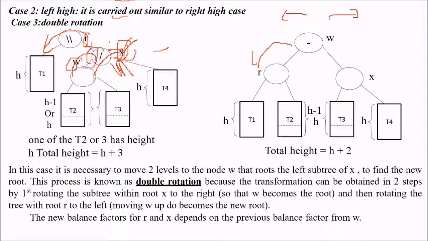This is because one of T2 or T3 has height h, so the total height is h plus 3. In this case the height is h plus 2.